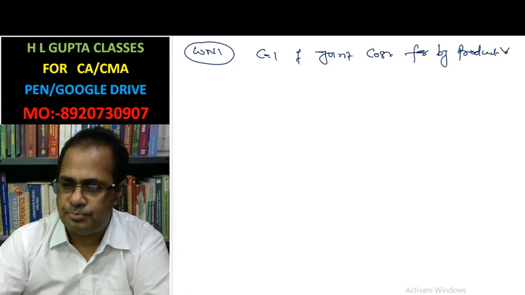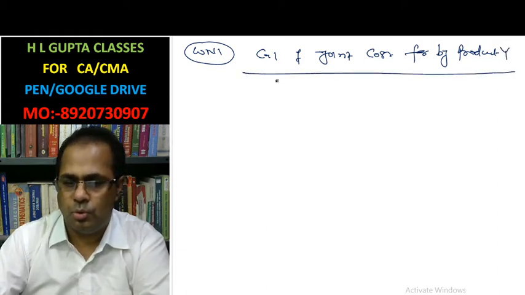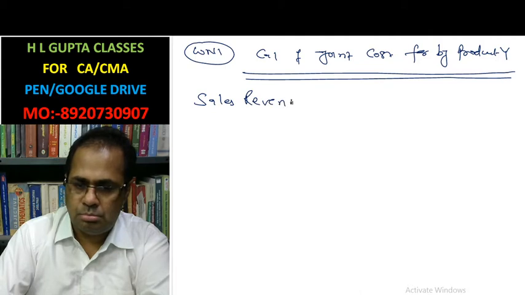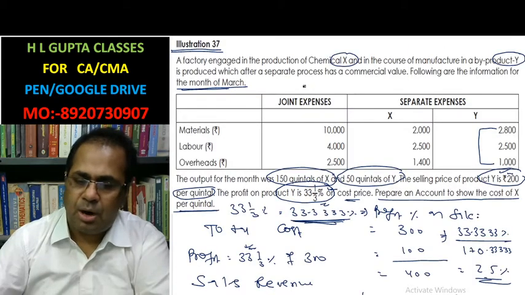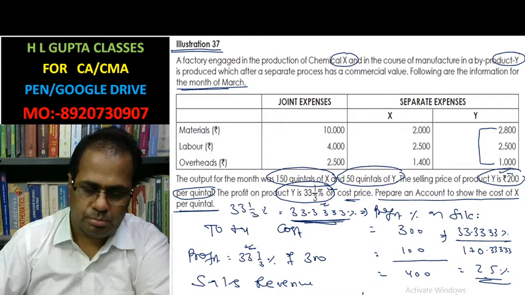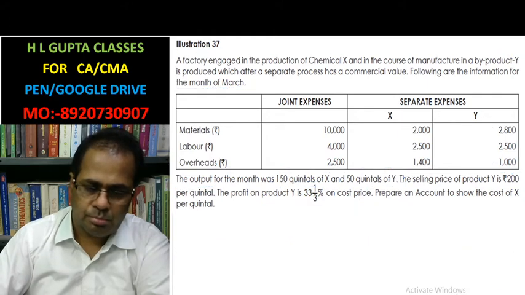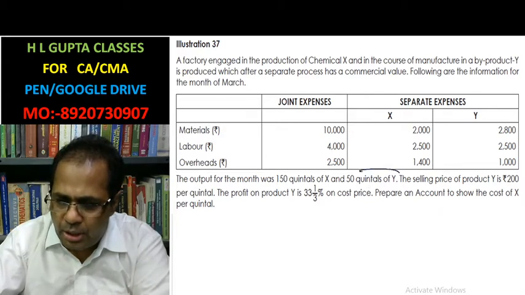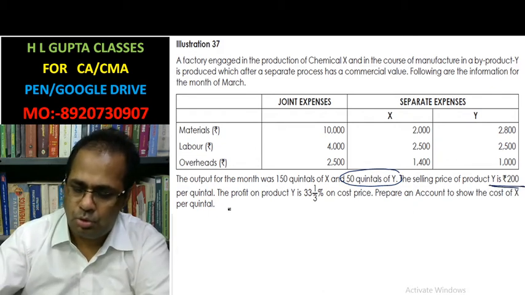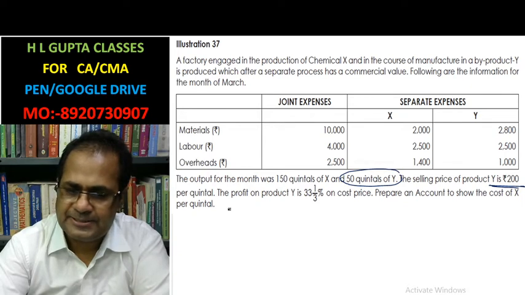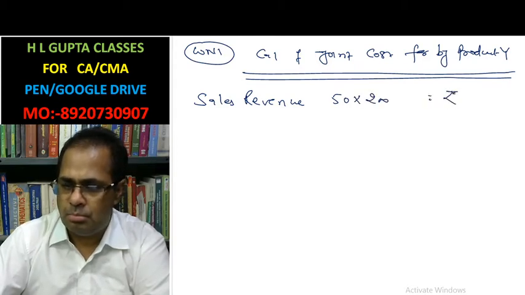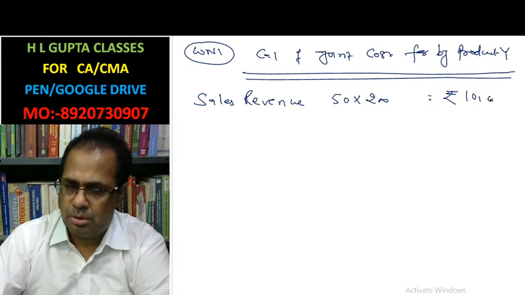That is Y. Sales revenue: the output of Y is 50 quintal, selling price rupees 200 per quintal. 50 into 200 is rupees 10,000.